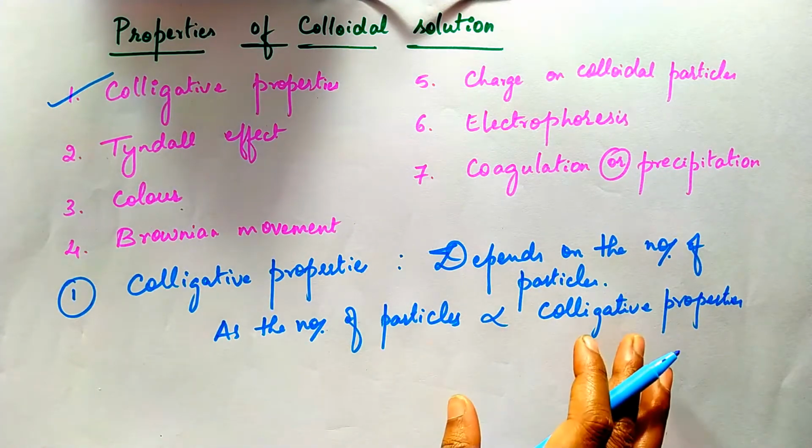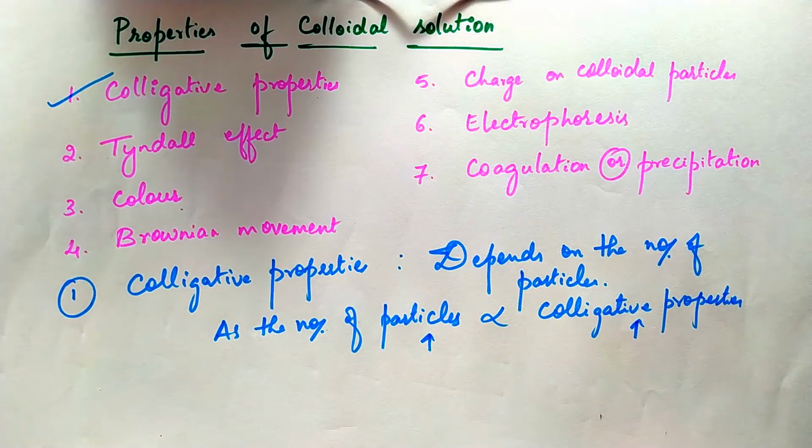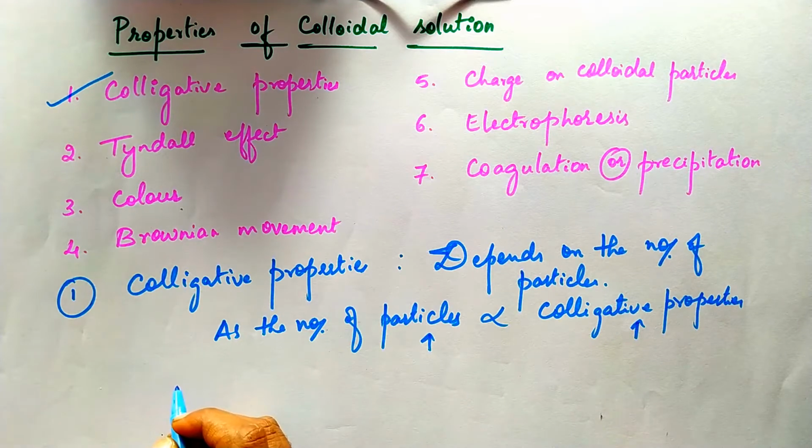Therefore, it is directly proportional. As the number of particles increases, the colligative property also increases. It depends mainly upon the solute particles. Let me take an example for this.